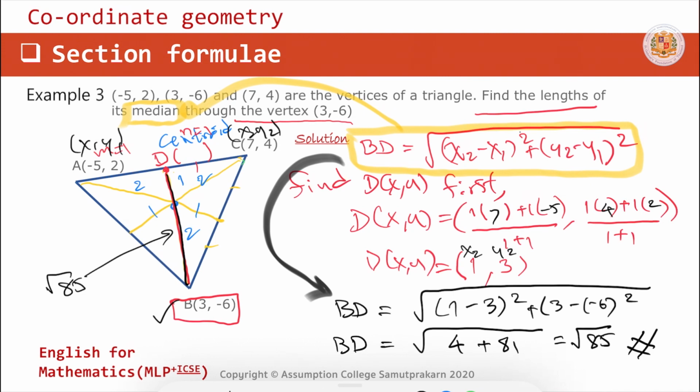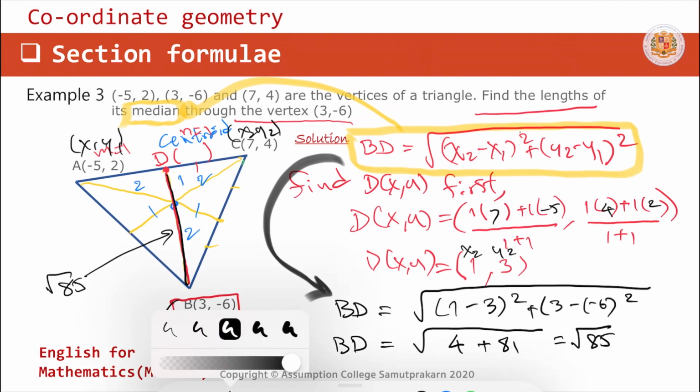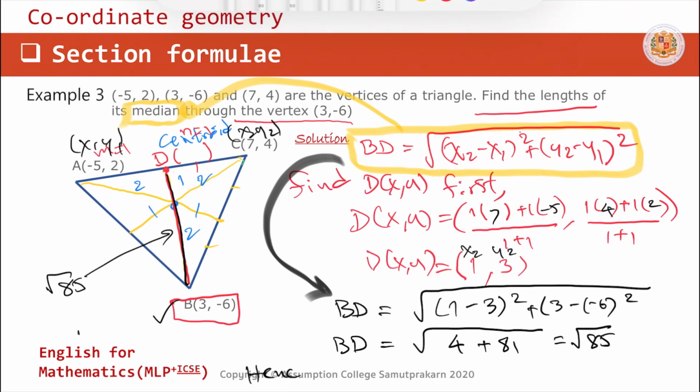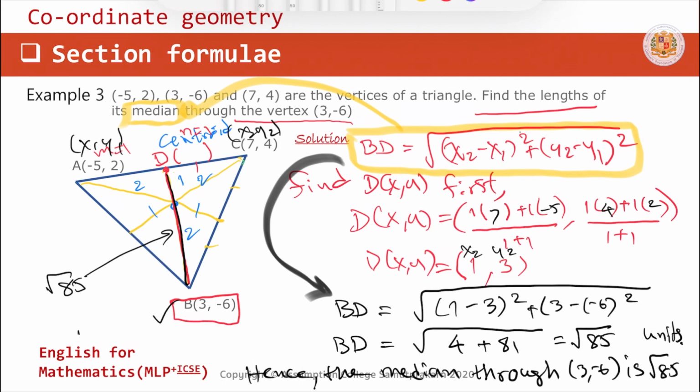Okay, I should write something like: hence the median through (3, -6) is square root 85 units. Okay, that's the answer.